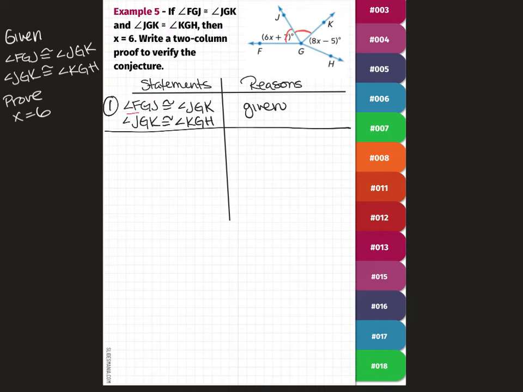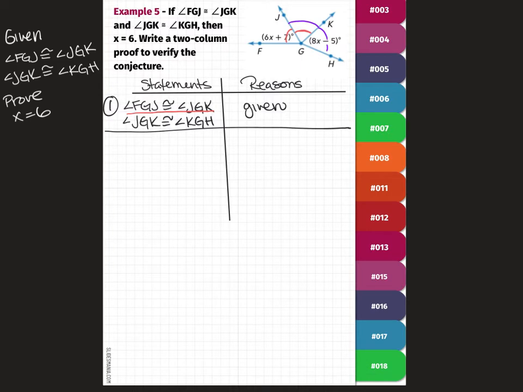So I marked that with the red. Okay. The next thing it says is that angle JGK, which I'm marking with purple now, is congruent to angle KGH. So that's going to be that angle.